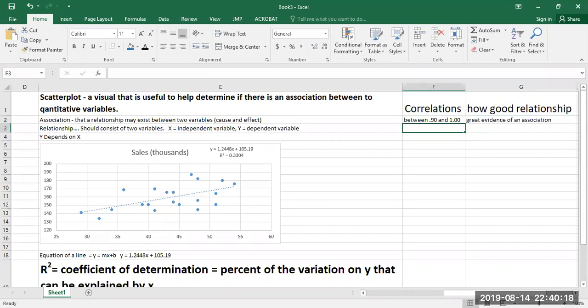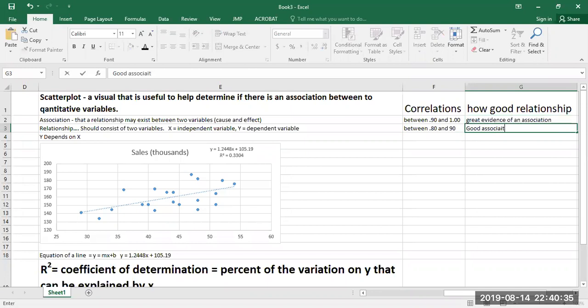On the other hand, what if you score between an 80 and a 90? Well, if 90 to 100 is great, 80 to 90 is a B, so we'd say it's a good relationship or a good association. It's feasible that there's really a relationship here. How about if we score between a 70 and an 80?